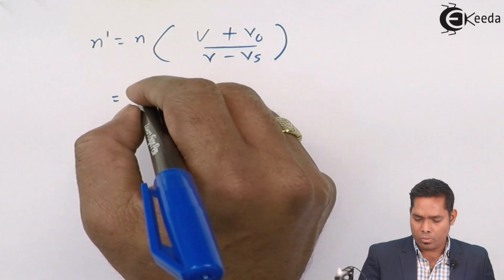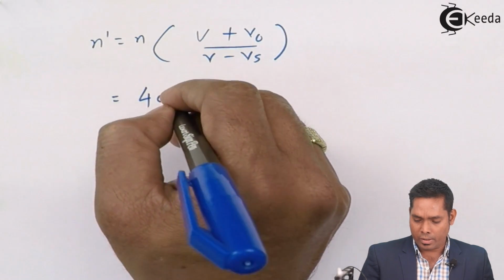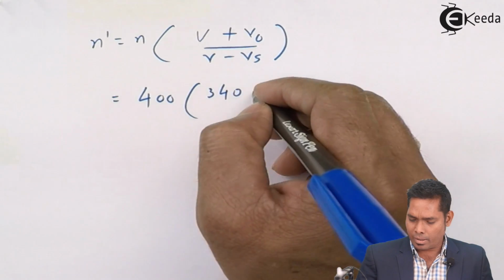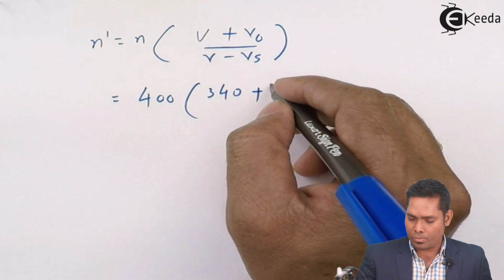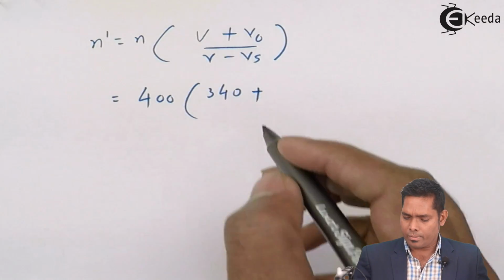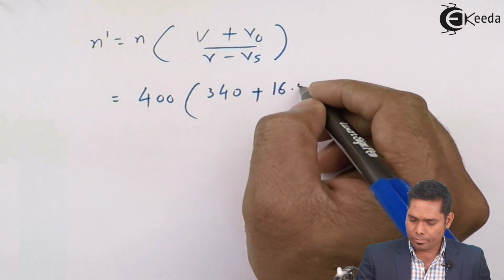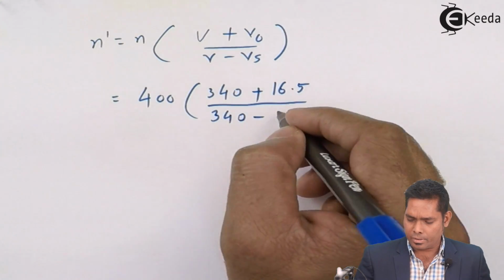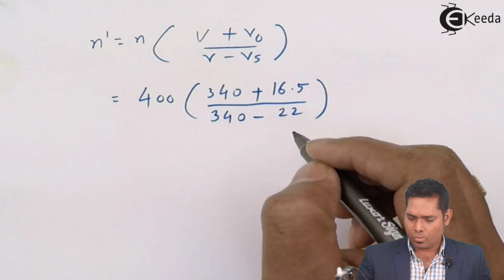Now substitute the values. The frequency is 400, given in the question. This is 340 plus the observer velocity, which is 16.5, divided by 340 minus 22.